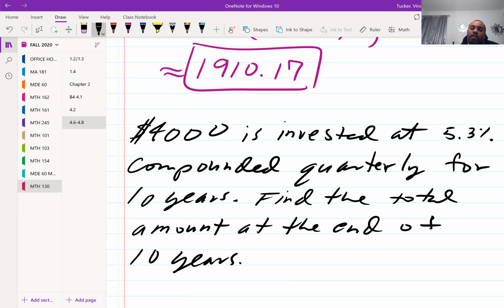All right, so $4,000 is invested at 5.3% compounded quarterly for 10 years. Find the total amount at the end of 10 years.